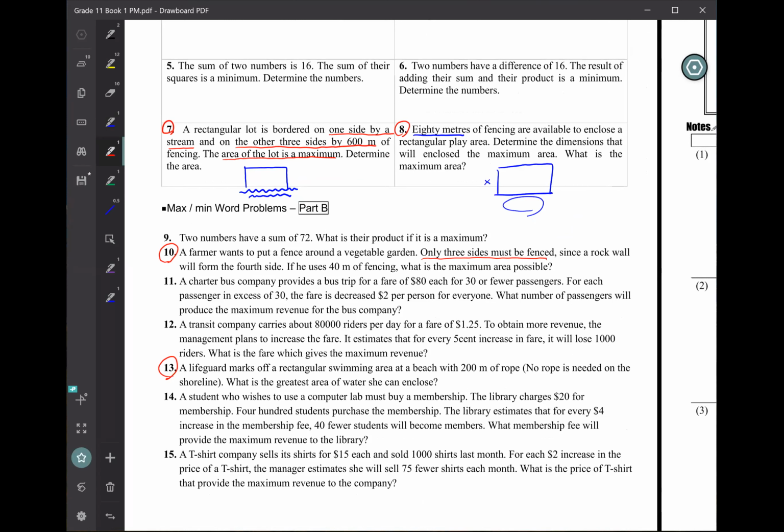Number 13, you have no rope in the swimming area. No rope is needed on the shoreline. So this is in the ocean, by the shore. Because it's by the shore, you don't need the rope on the shore, just in the water. So it's also 3 sides. I think there are only four questions that have the area problem.